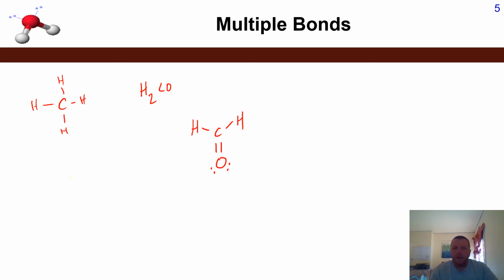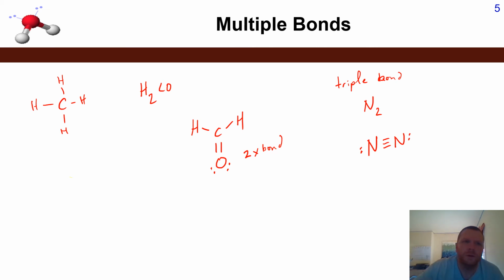And finally, this would be a double bond. I'm going to write 2x bond. But then our last example would be a triple bond. These are not super common, but they're worth noting. One example would be something like N2. That's an example of a molecule with a triple bond.